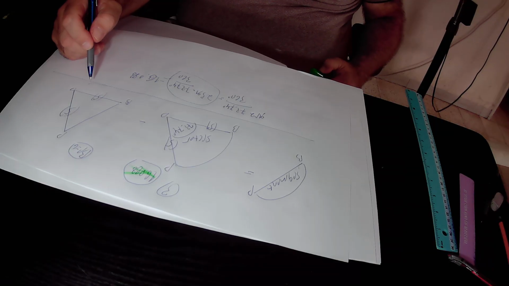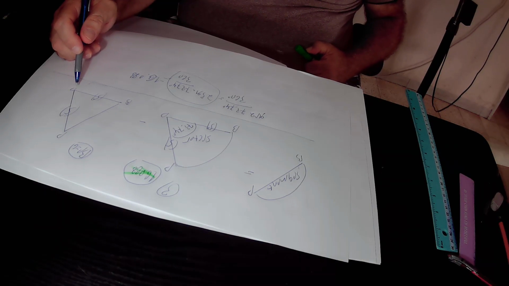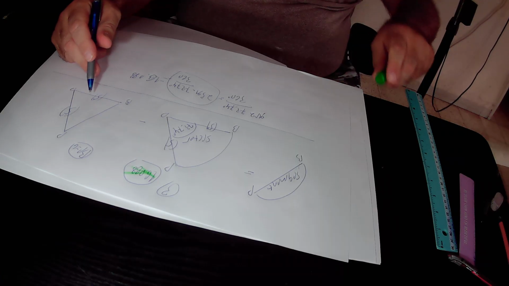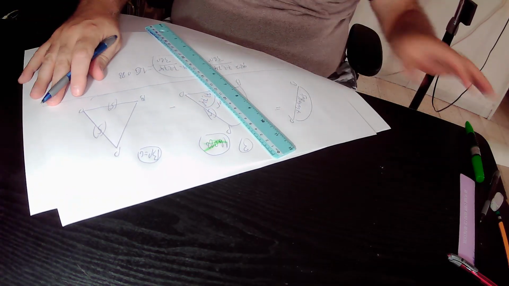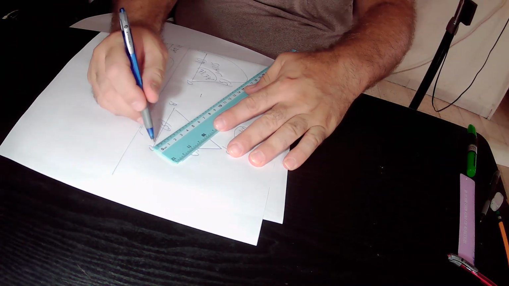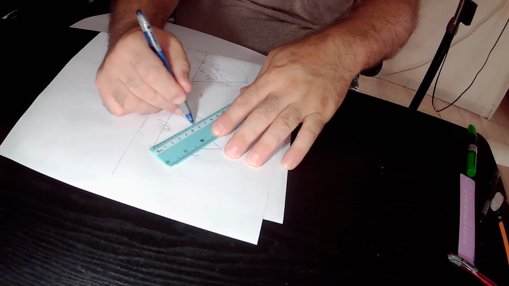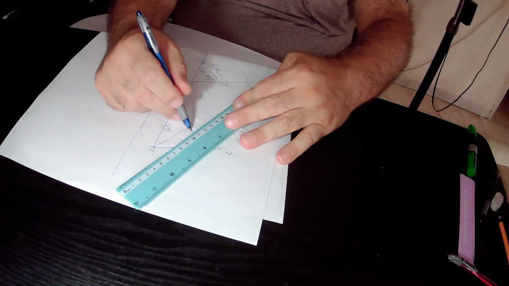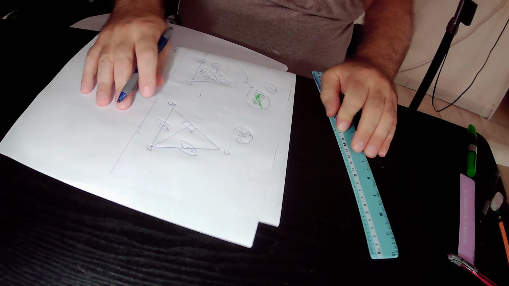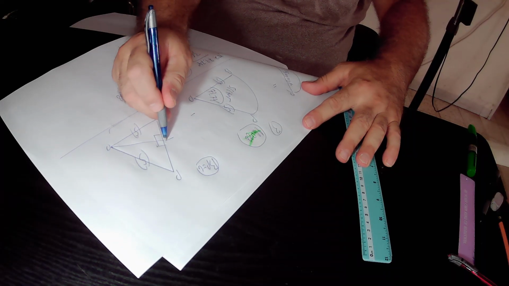From the vertex O, we go perpendicular to the base BP. So actually, this angle equals 90 degrees, and this angle also equals 90 degrees according to our construction. We define the touching point of the perpendicular from point O on the base BP as point M.